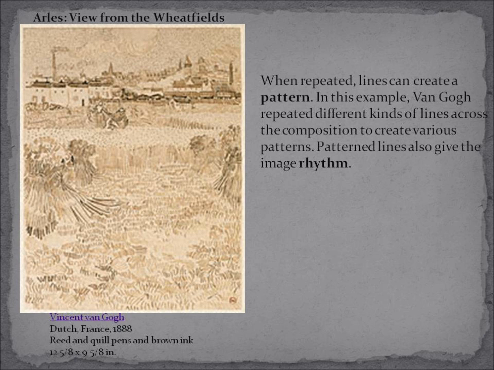In this example, Van Gogh repeated different kinds of lines across the composition to create various patterns. Pattern lines also give the image rhythm. While a line isn't something found in nature, it is absolutely essential as a concept to depicting objects and symbols and defining shapes.